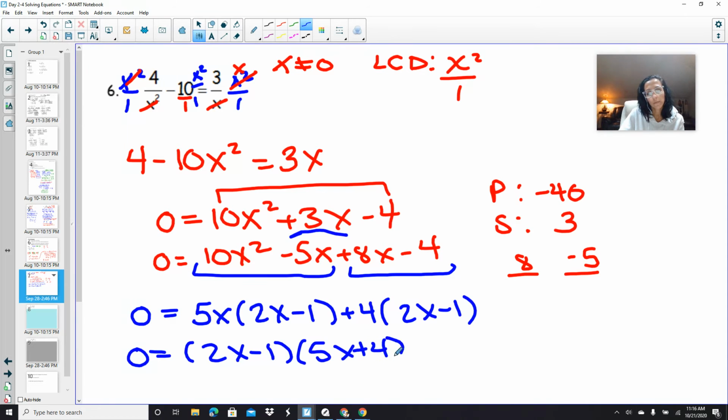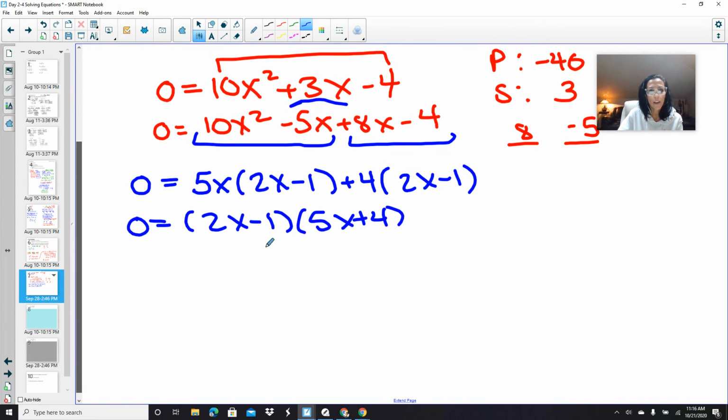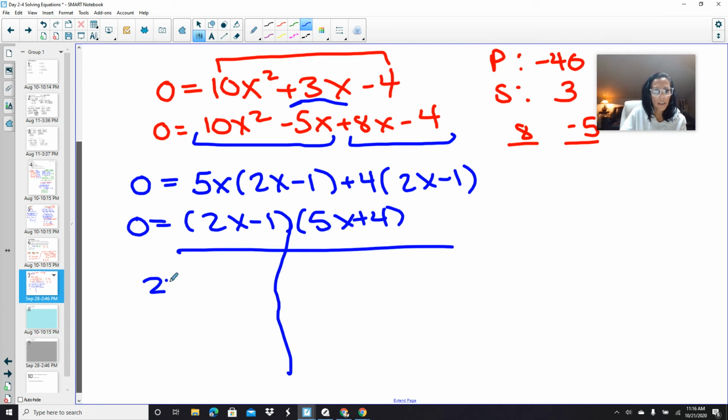Alrighty, now that I have it factored, whoa, that's a real sloppy line. Set each of these factors equal to 0 and solve.